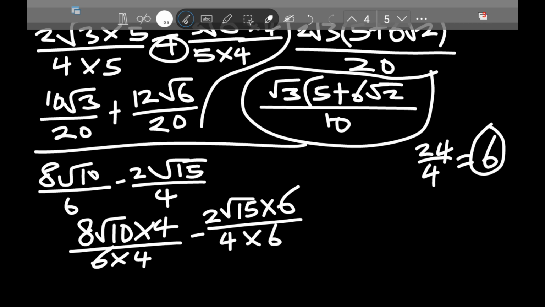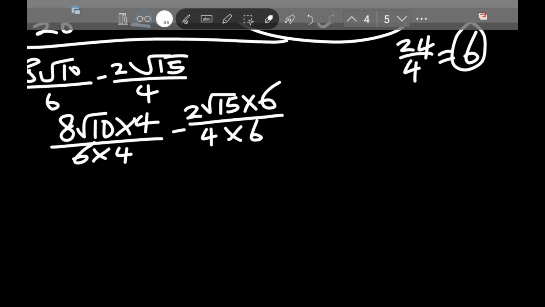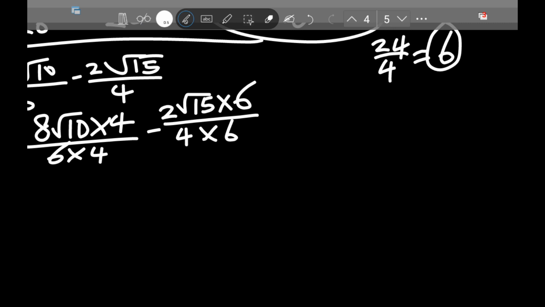So what we have now is, I'm going to move it upward slightly. So now, what is 8 root 10 times 4? You need to simply multiply that 4 that you see I highlighted to this 8 over here. So 4 times 8 is 32.